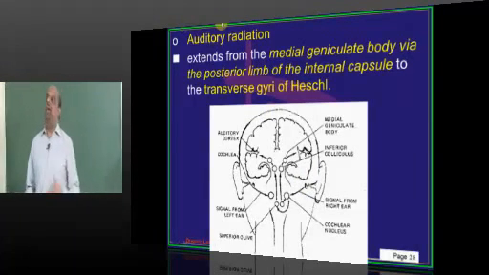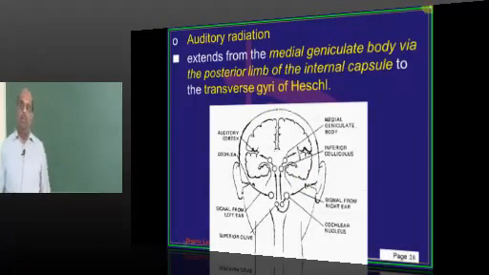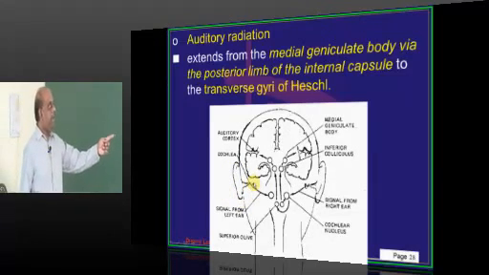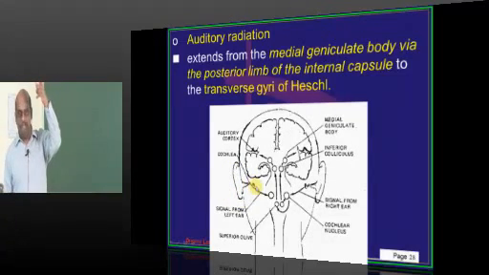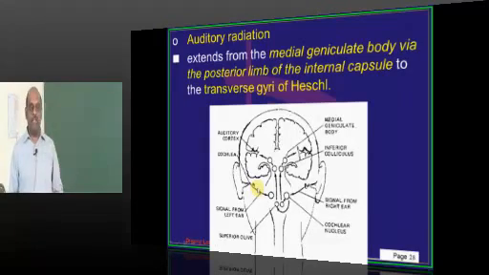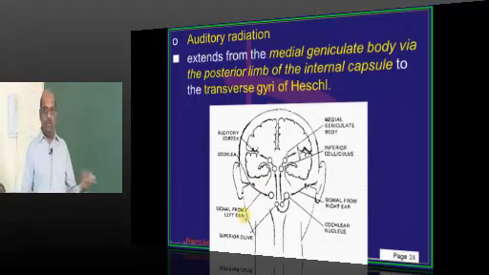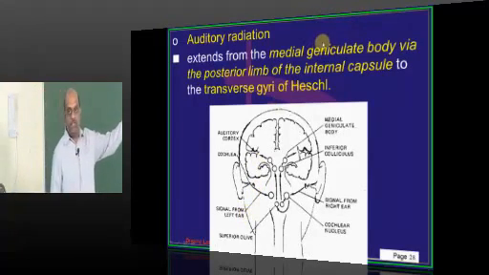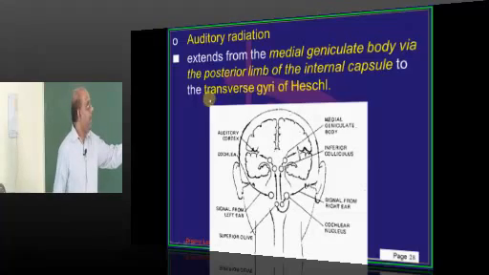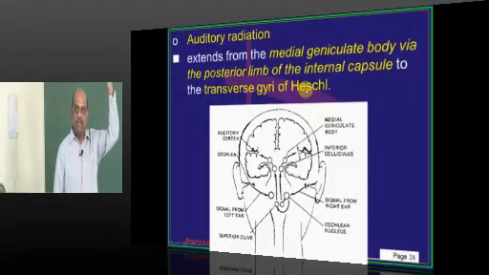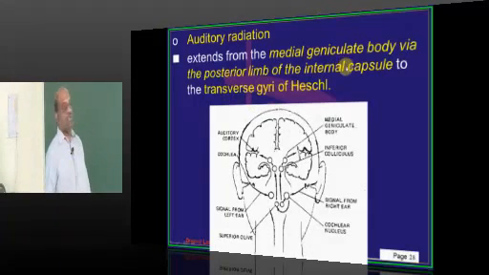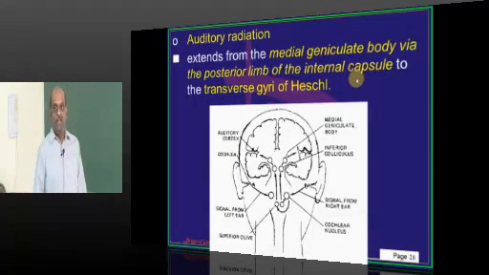So what is meant by auditory radiation? Between the medial geniculate body and the transverse gyri of Heschl, how will the fibers be passing? They have to inevitably pass from the thalamus. In the thalamus you have the medial geniculate body, and you have the transverse gyri of Heschl in the cerebral cortex. So it has to pass through the internal capsule, no way.